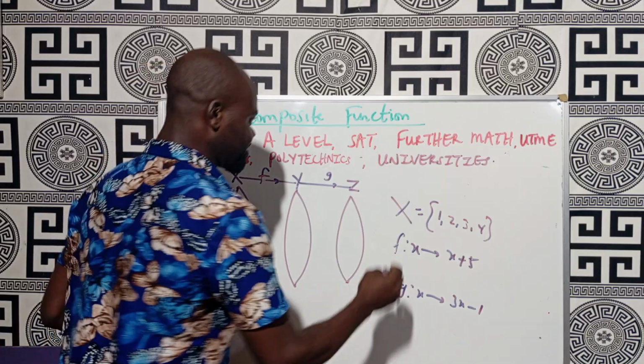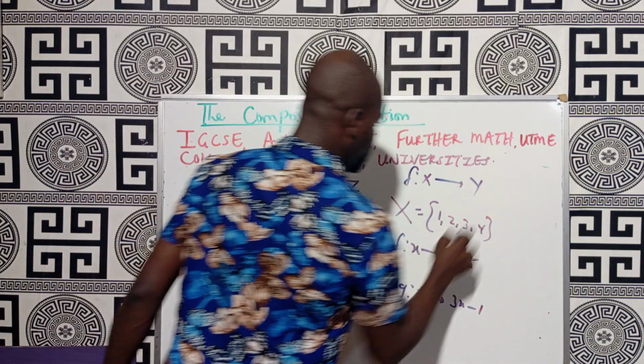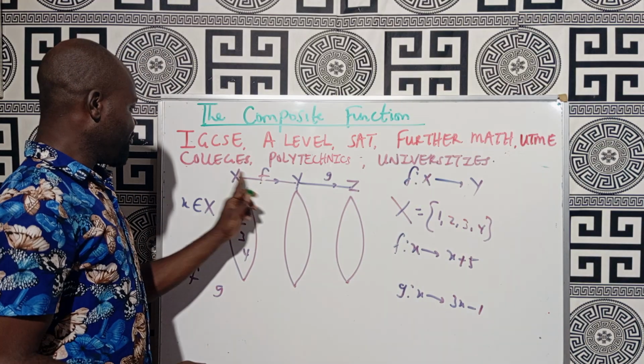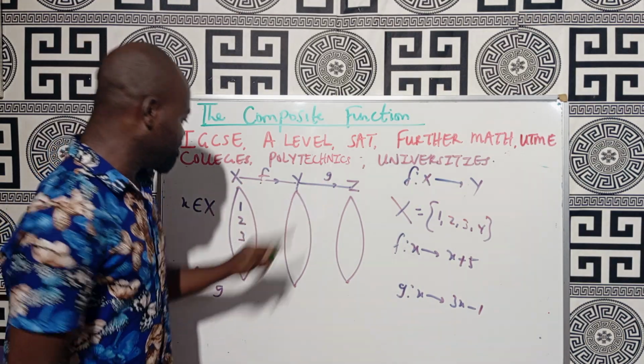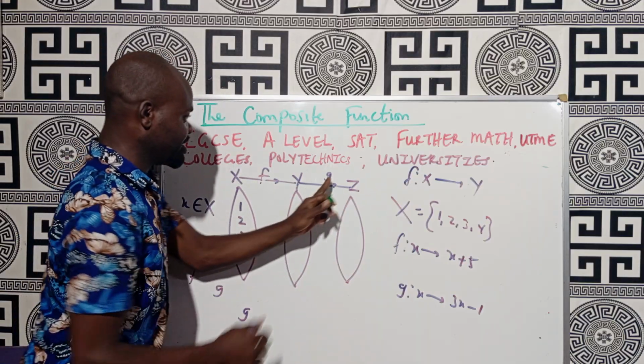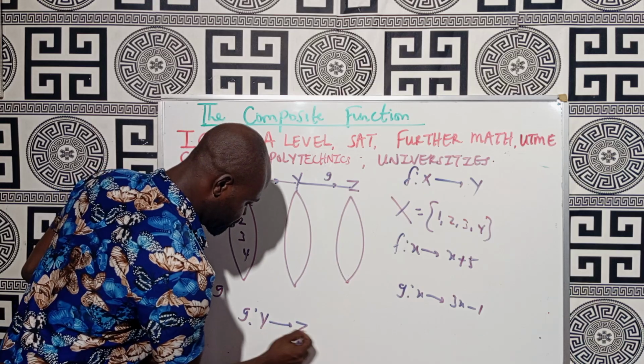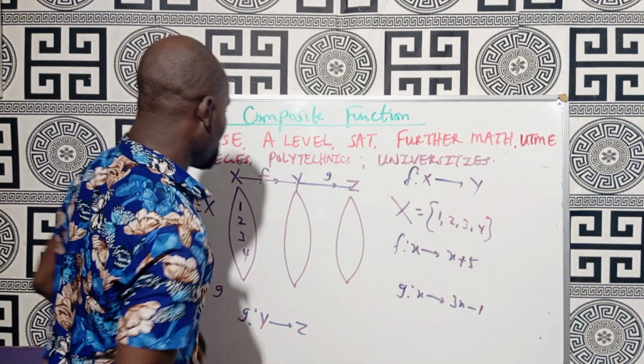So f maps from x to y, while g maps from y to z. That's how it looks.